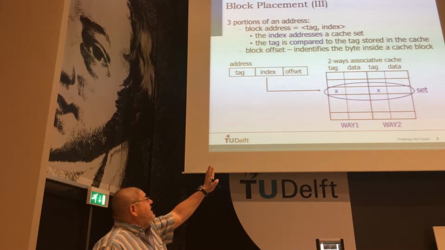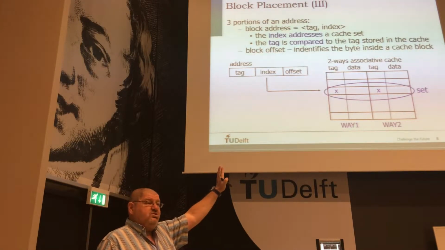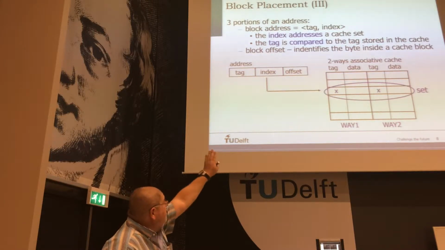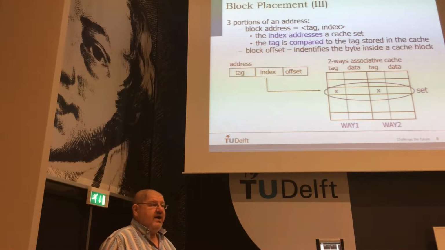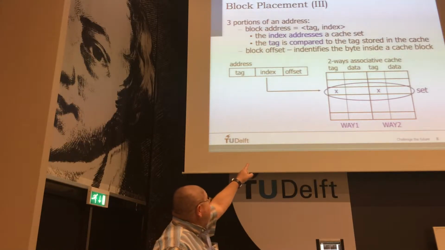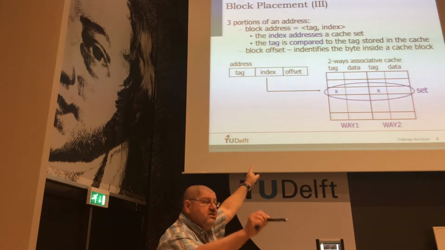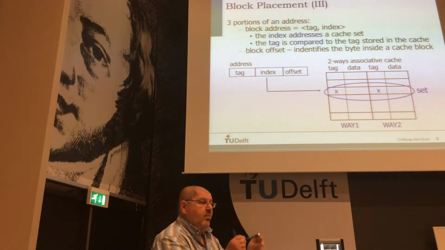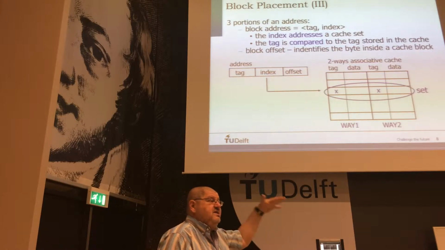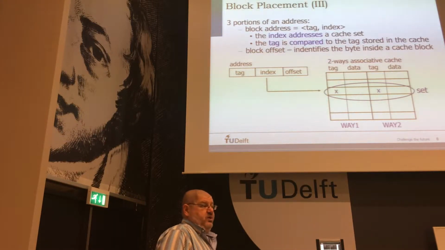Assuming that I have only simple cache, which we call direct map cache, then there is only tag and data, the first 2 columns. What I have to do is take the tag from the address, take the tag from the location that I'm selecting in the cache, compare them, and if they are the same, the information in the cache is the one that I'm looking for.